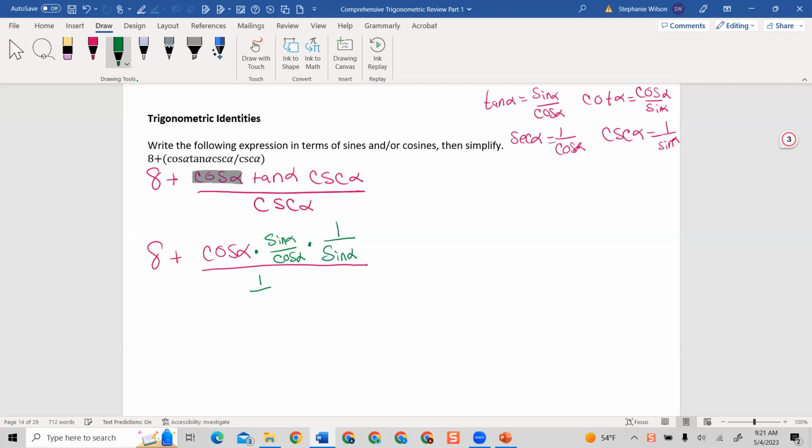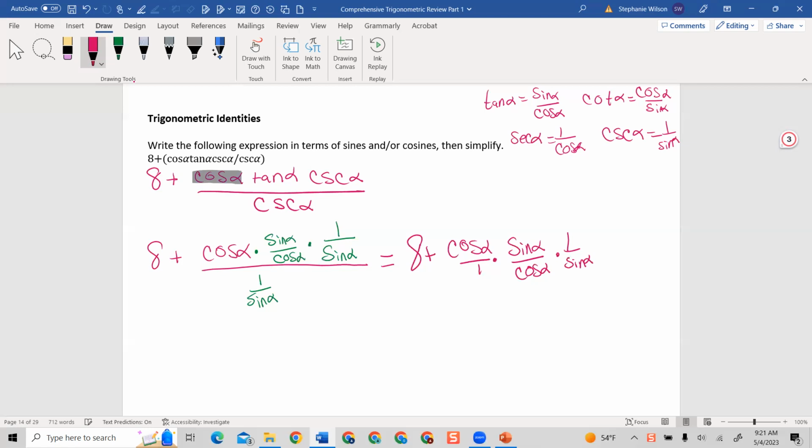And then cosecant, 1 over sine. All right. Now that I got it written like that, I'm going to do an extra step. I just want to rewrite it in a format that I understand. So I got cosine. I'm going to put it over 1, and it's going to be times this sine over cosine times this 1 over sine.